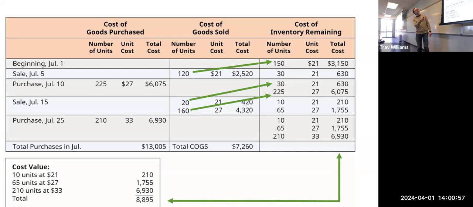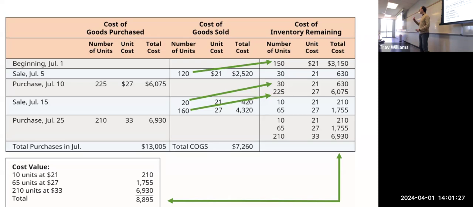But if you take a look, we've got 3 sets of columns: cost of goods purchased, cost of goods sold, and then cost of inventory that's remaining. Okay? And in each of those 3 sets, we've got the number of units, the cost per unit, and then the total cost. So even though it looks like a whole mess of information, it's actually pretty simple to use once you get used to it.